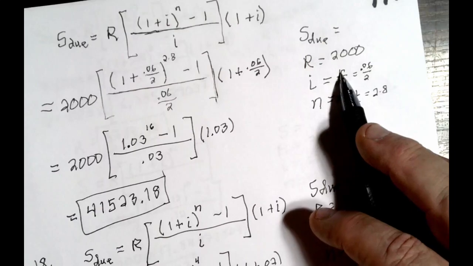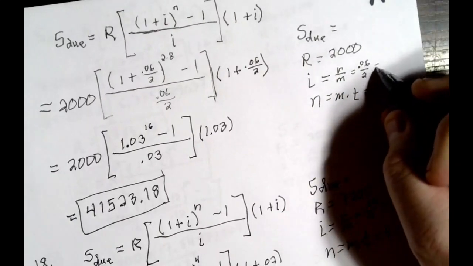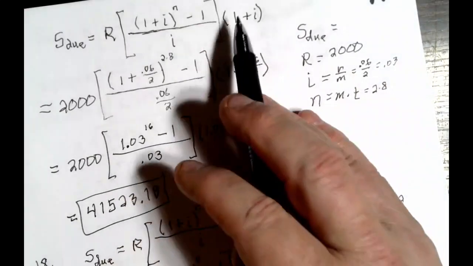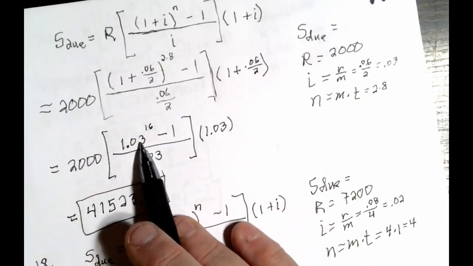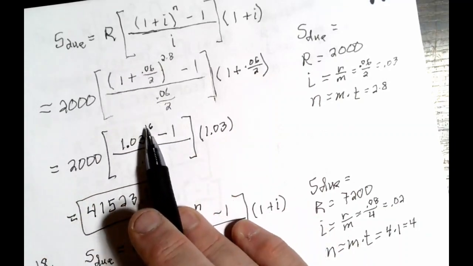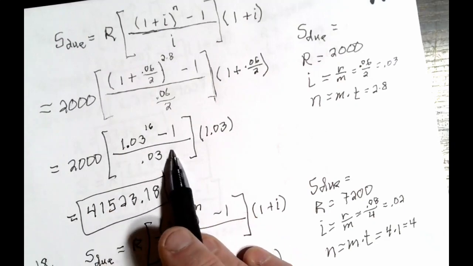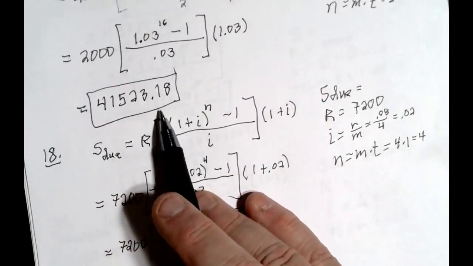R is 0.06, 6% compounded semi-annually, so 0.06 over 2 is 0.03. Okay, so you've got 1 plus 0.03 or 1.03 raised to the 2 times 8 or 16 over 0.03. Crunch all that down and you get 41,523.18.